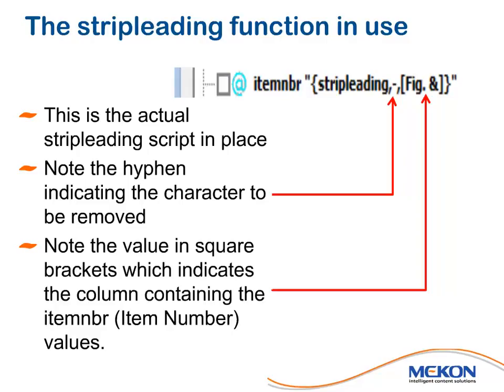The column that we want to remove the values from, where the item information is located, is therefore the fig dot ampersand column, and that's in square brackets, which indicates where the data is coming from. So that's what it actually looks like in the mapping window when we've finished.